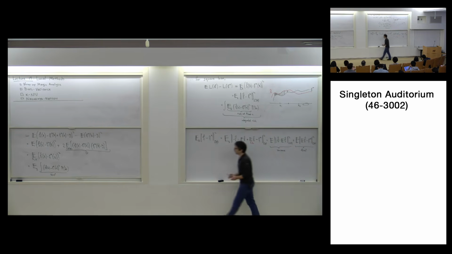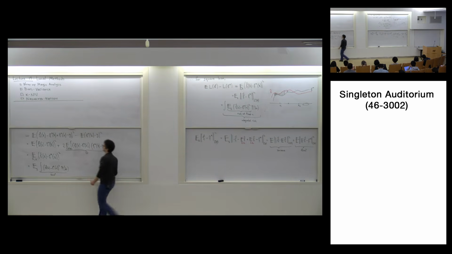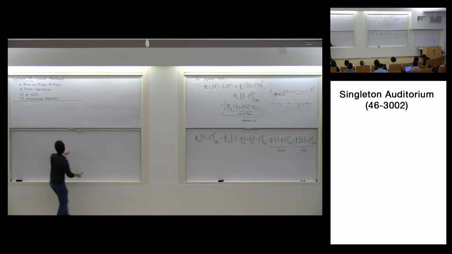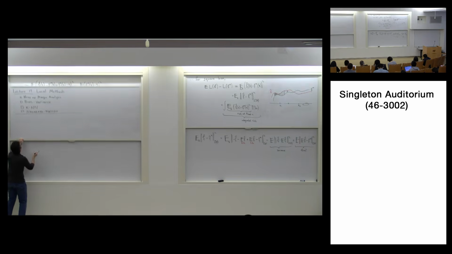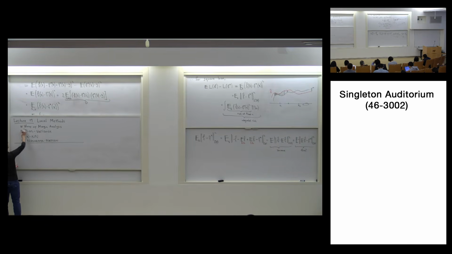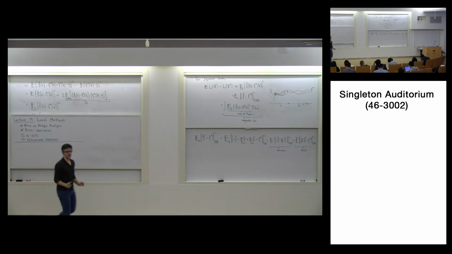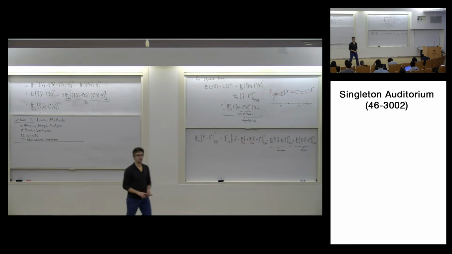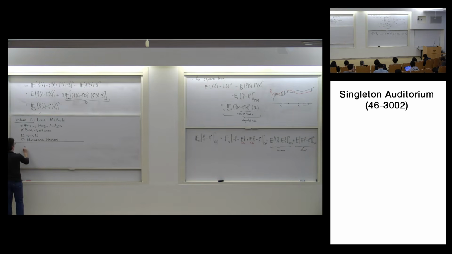Right. Okay, so now it's time to look at k-nearest neighbors. So where are we? We've done this, we've done that. Let's look at k-nearest neighbors. What's the k-nearest neighbors procedure? You've got data x1 through xn, y1 through yn, and they're IID.